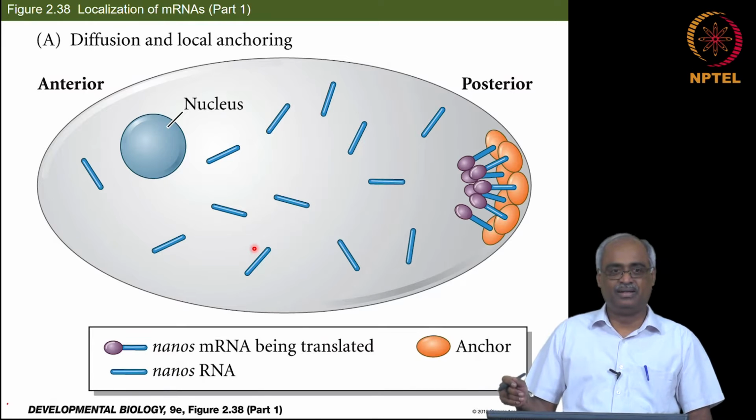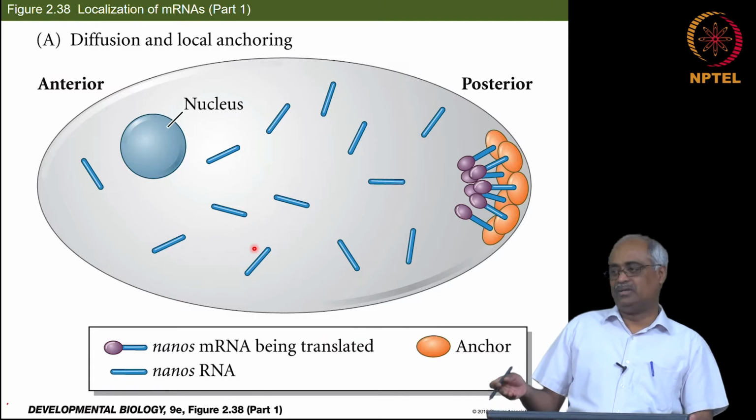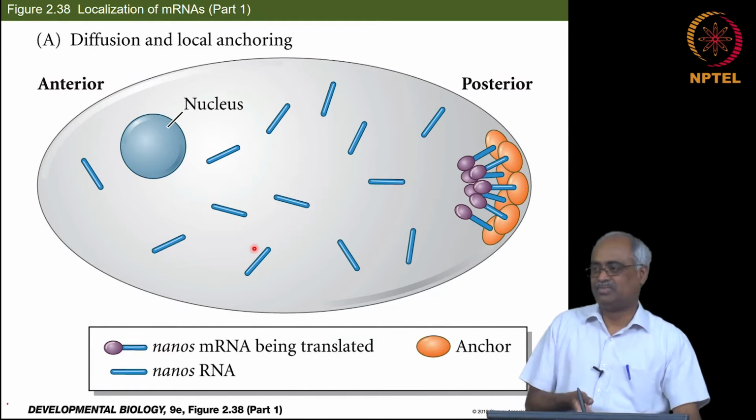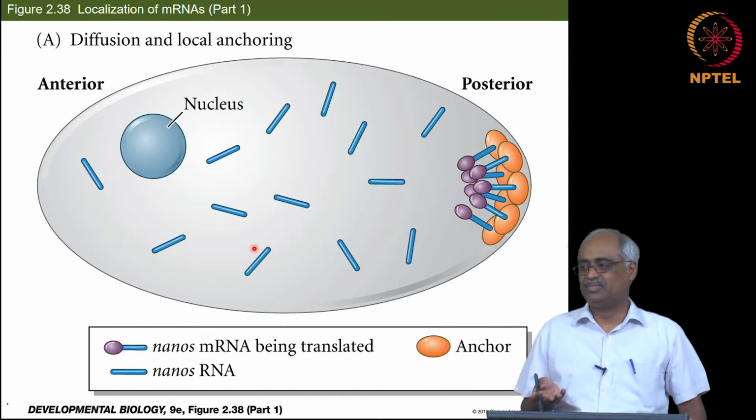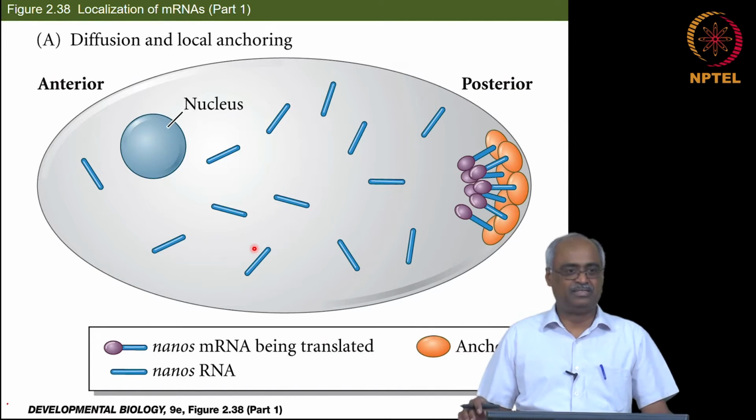So, remember I told you some of the mechanisms by which regulation happens, we did not know till 2 decades ago. So, I was referring to microRNA. Okay. So, there will be microRNA that will be encoded by the genome and that will regulate the translation.